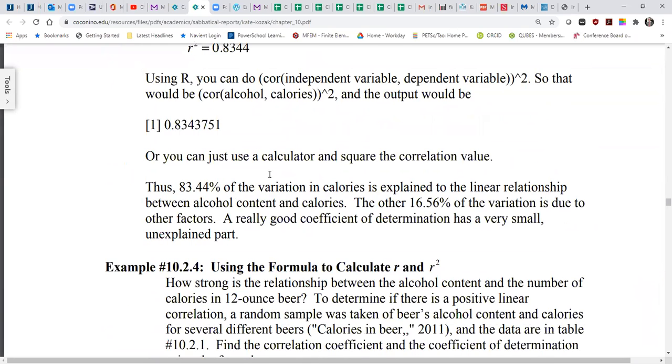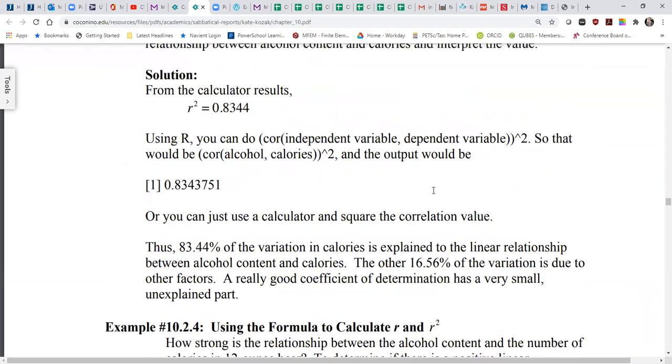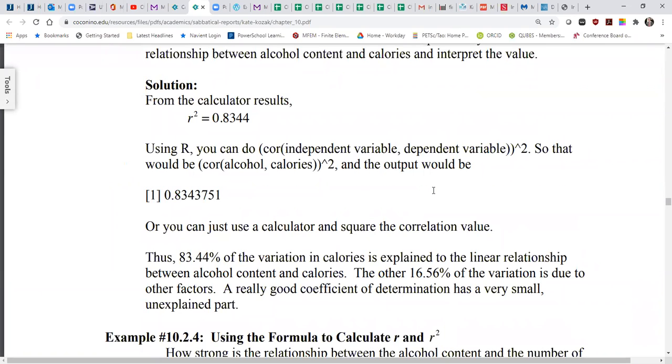So you can take the square root to find out the correlation value. If you want to find R squared, you just need to find the correlation coefficient first and then square it.